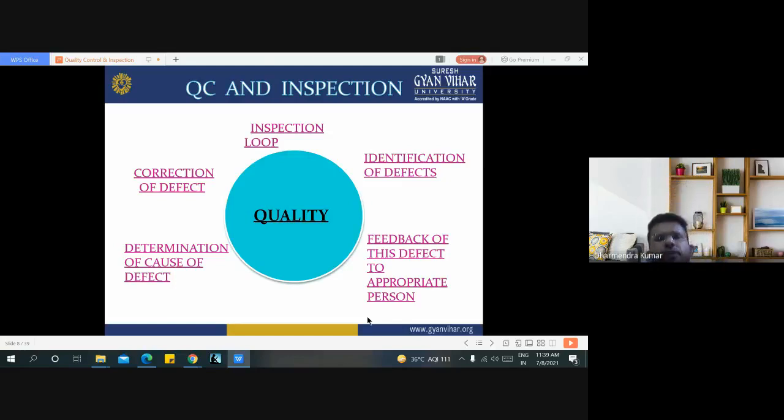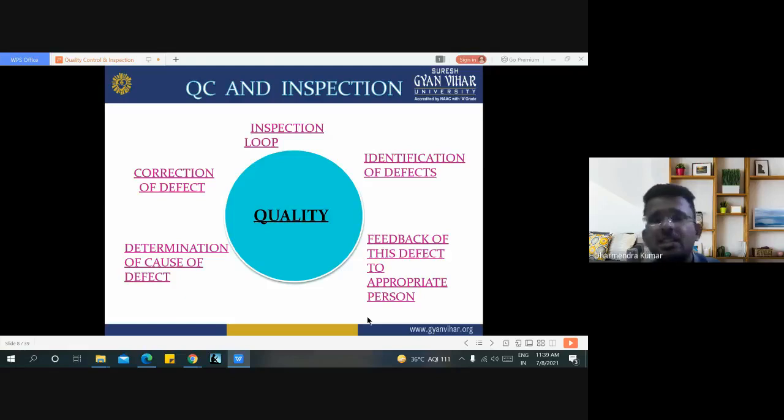Determining the cause of defect: in the inspection process, we generally find out the various causes which are responsible for any defect or any deviation of the characteristics of that product.